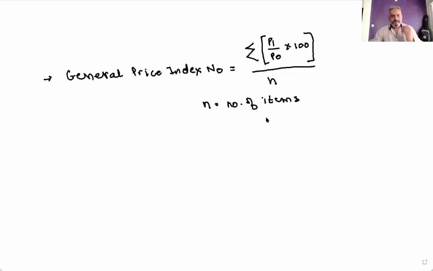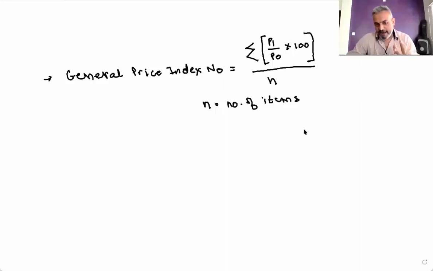Now see, let's understand this. I want to find out price index for grocery items, what I consume every month. Say for example, price of wheat has risen, but it can happen that price of rice has fallen.